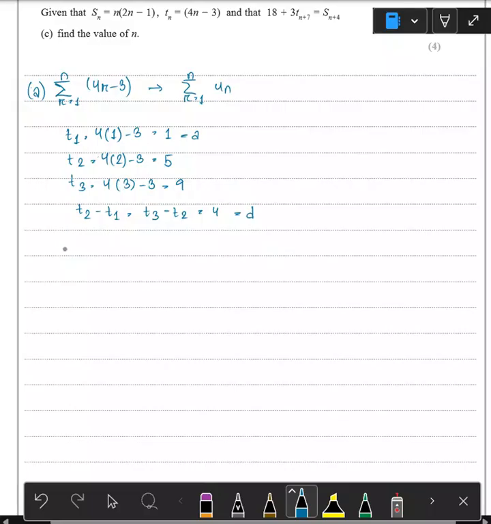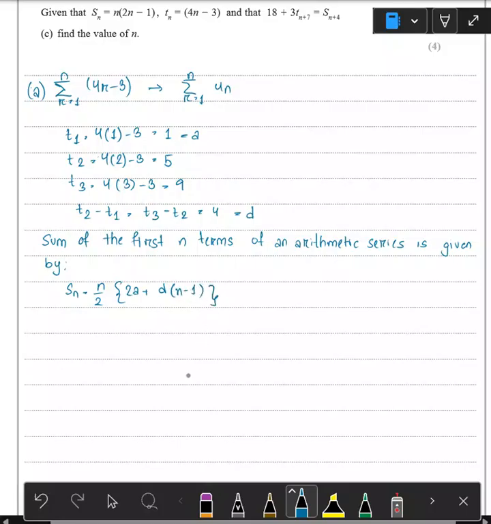The summation of the first n terms of the series is given by Sn equals n by 2 bracket 2a plus d multiplied by n minus 1.